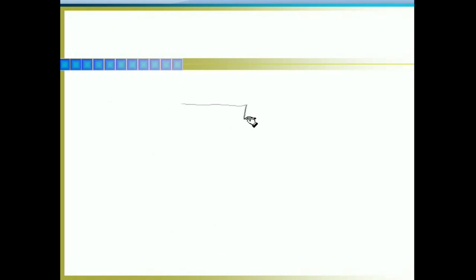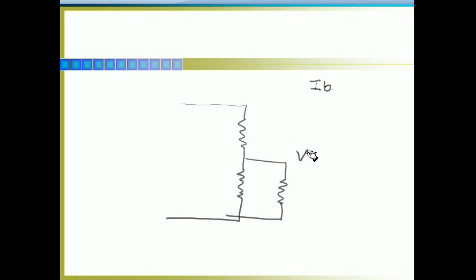Where was I? I was in a loaded voltage divider, designing. We want to calculate the bleed current. We need to know what the load voltage requirement is, and the load current requirement.